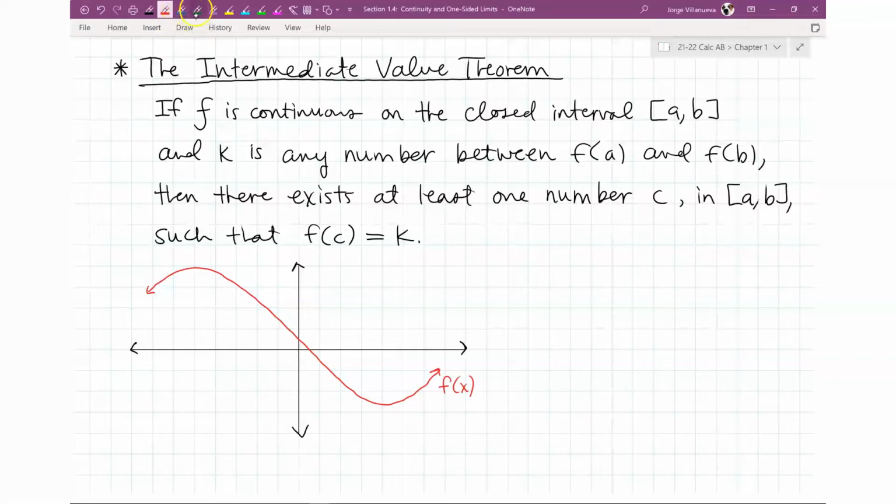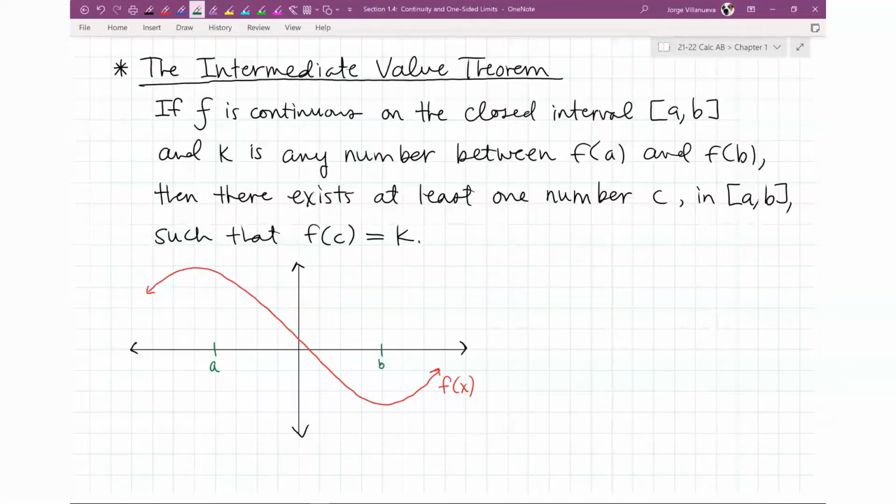So let's say a is here and b is there. Okay, so far so good. I've done the very first line of that definition. If f is continuous on the closed interval from a to b, it says, and k is any number between f of a and f of b.